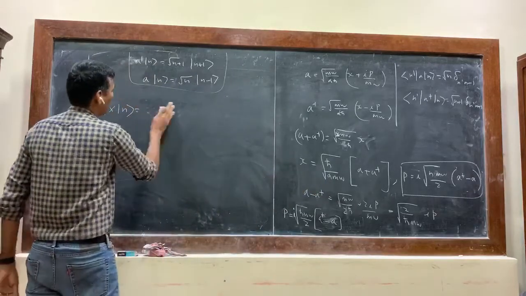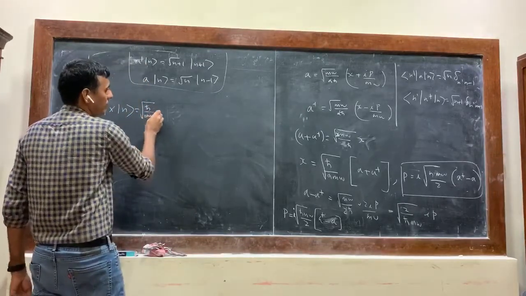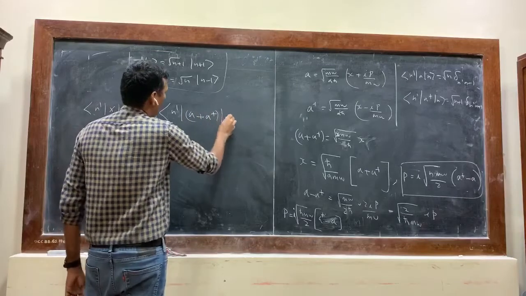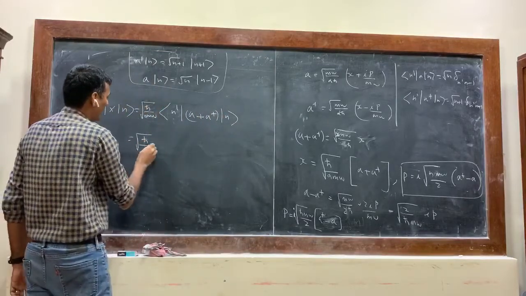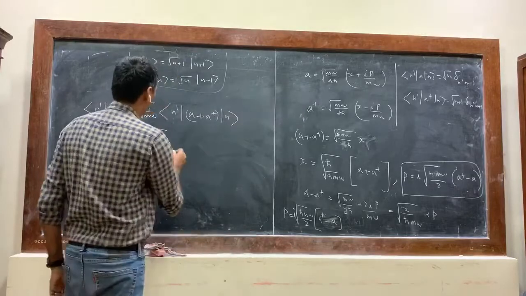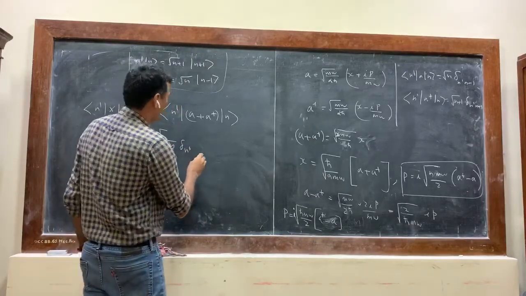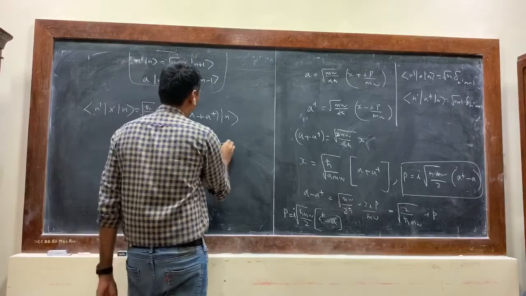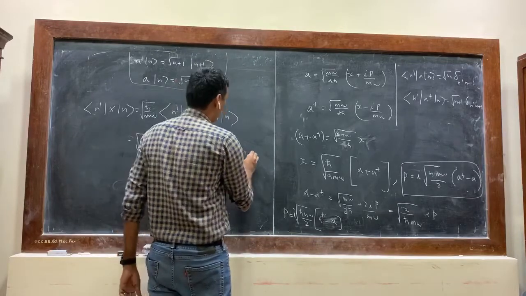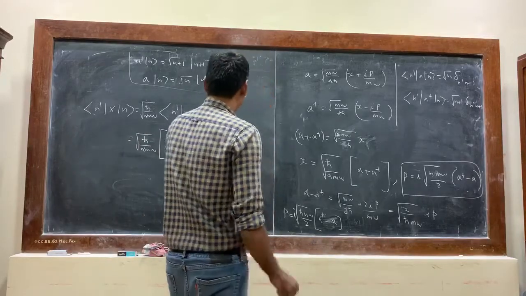So you can pull out the factor square root of h cut by 2m omega times ⟨n'|a plus a dagger|n⟩, which is square root of h cut divided by 2m omega times: ⟨n'|a|n⟩ is square root of n delta n' n−1, and then plus square root of n plus 1 delta n' n+1.